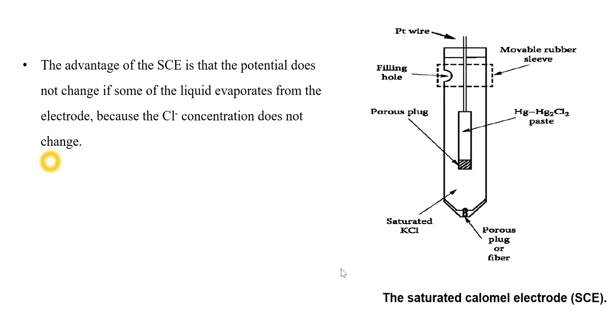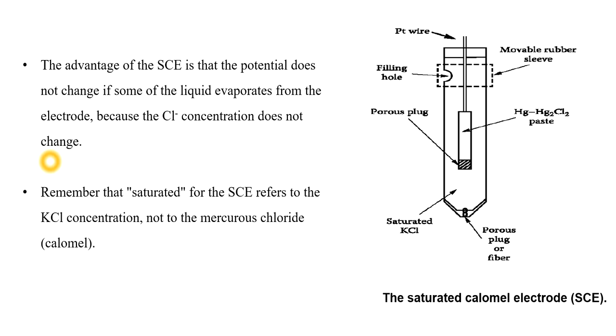The basic advantage of this electrode is that even if a small amount of liquid evaporates, the ion concentration does not change. And you should note that the term saturated is used because of the potassium chloride concentration, not because of the mercurous chloride.